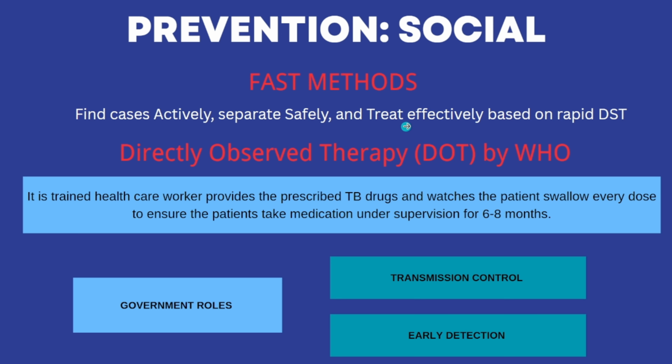So this method is based on the assumption that most transmission occurs not only from known TB patients, but also from people with unsuspected TB. So you already know that you got TB.